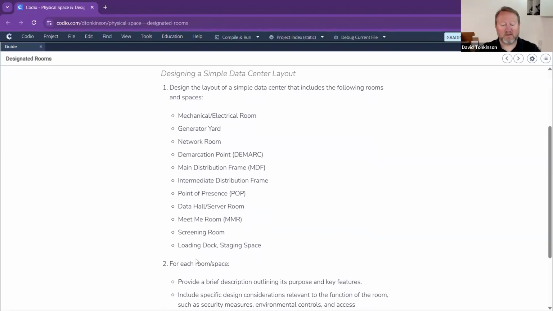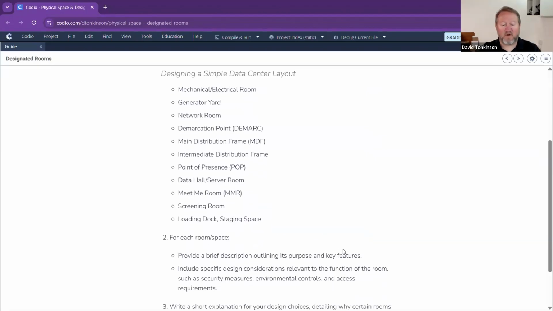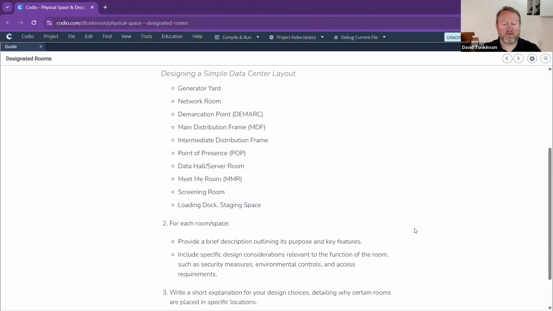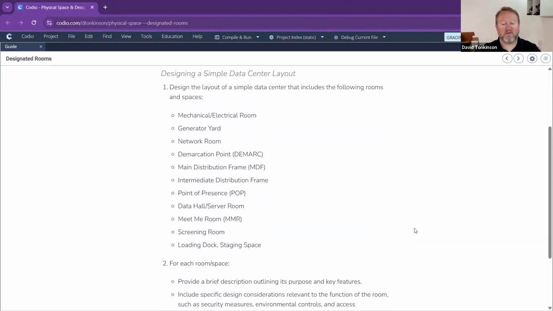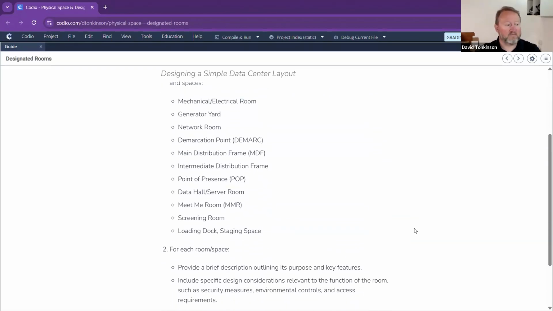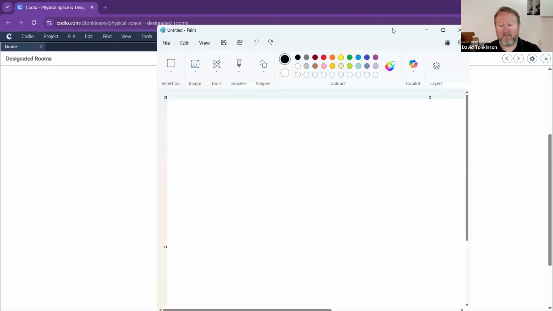Now, for each room space, we want you to provide a brief description. We are talking really brief descriptions here, okay? I mentioned Paint because I might just chuck it into Paint. You can do it very nicely in Paint.